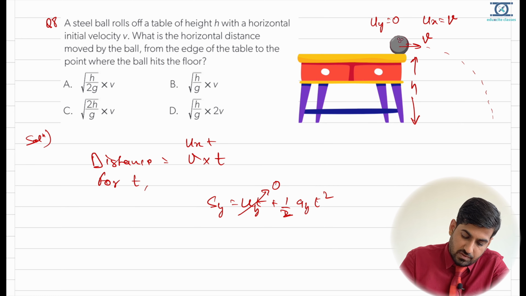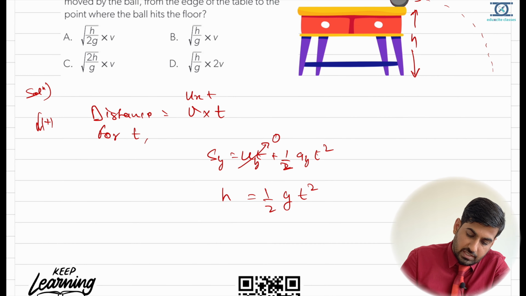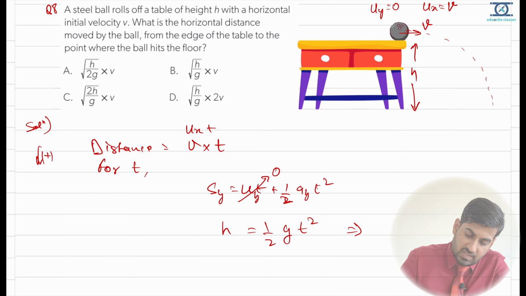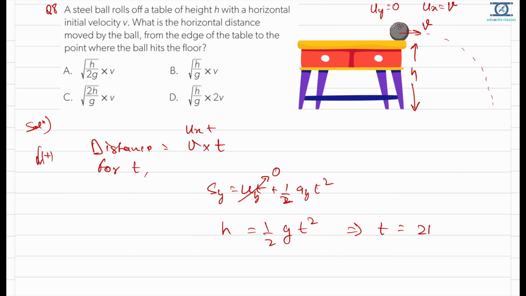So sy is h, taking downward as positive. This will be half into g into t square. So I can say from here t will be root of 2h by g, right? So using this, it will be v times root of 2h by g, which is option C, the right answer.